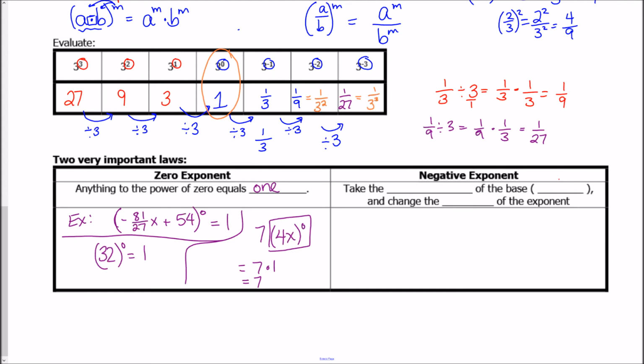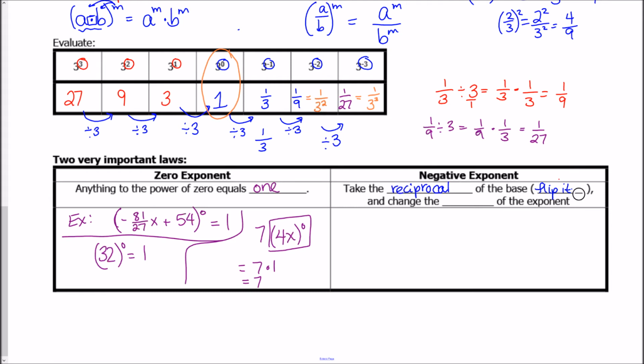Okay? All right, for negative exponents, what you're going to do is, because we're dividing every single time, and when we divide, we multiply by the reciprocal, we're just going to take the reciprocal of the base. So pretty much when we take the reciprocal, we're going to flip the base, okay?